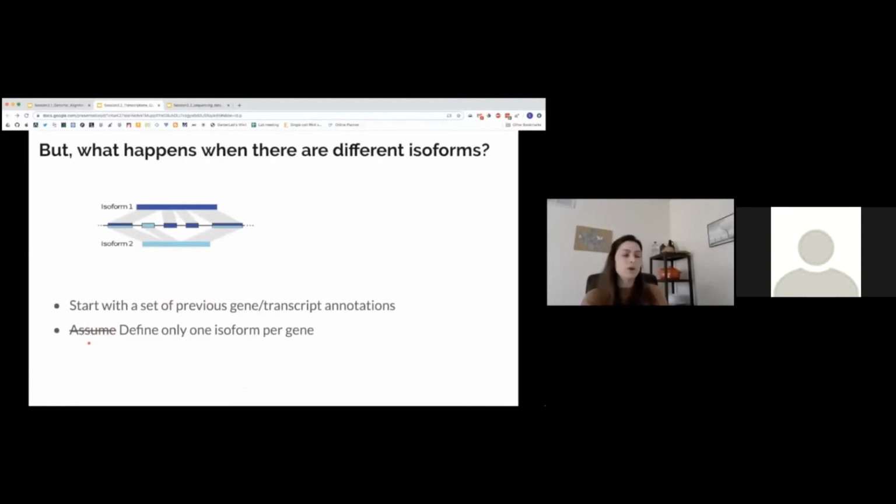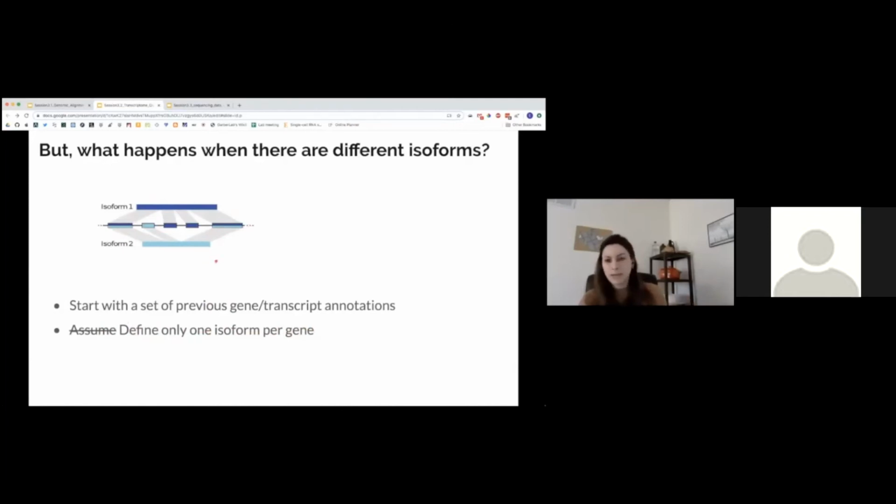We want to know if there's differential expression for different gene isoforms. So one way to deal with it is to define only one isoform per gene. In this example, I'm showing you a single gene, and that gene has 2 transcript isoforms, one composed of 4 exons shown in dark blue, and one composed of 3 exons shown in light blue.